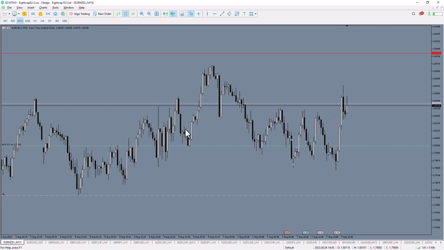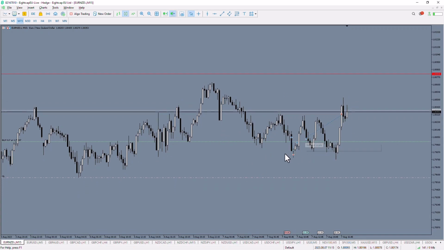I wanted to also point out that I was also looking at Euro NZD. I'm not going to mention the drawing liquidity here, or why I entered at certain areas, but I got stopped out a few times unnecessarily when I could have just moved my stop loss to something comfortable.